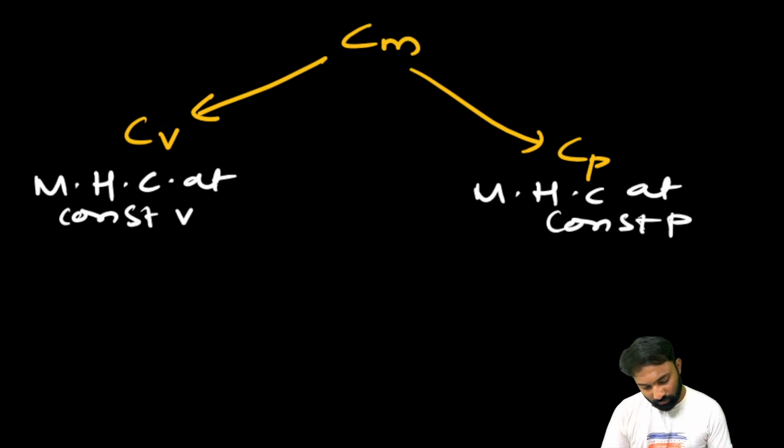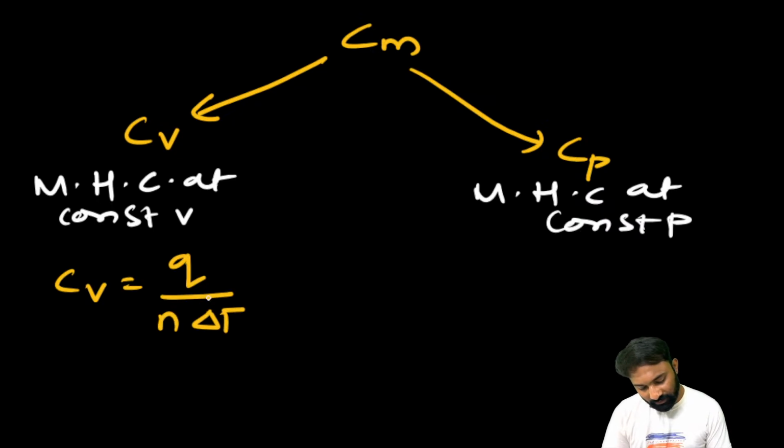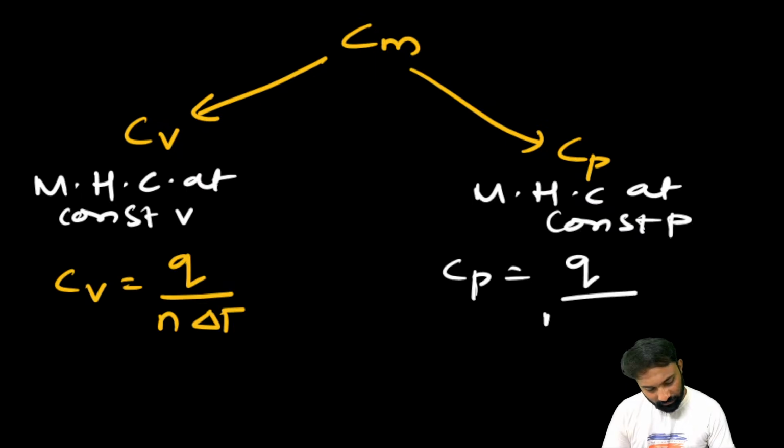Right? Now CV is equal to heat capacity by number of moles. Heat capacity formula Q by delta T. Now CP is equal to heat capacity by number of moles into delta T.